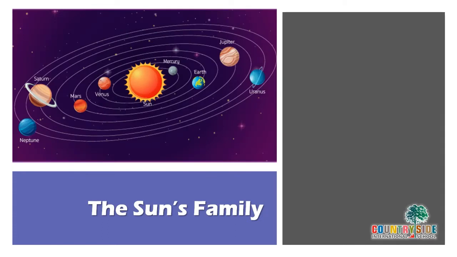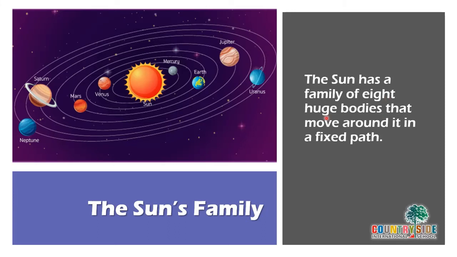So children, what can you see in the picture? Yes, the sun has a family of 8 huge bodies that move around it in a fixed path. So see, this is the sun in the center and these are the 8 family members of the sun. And what are these, children?